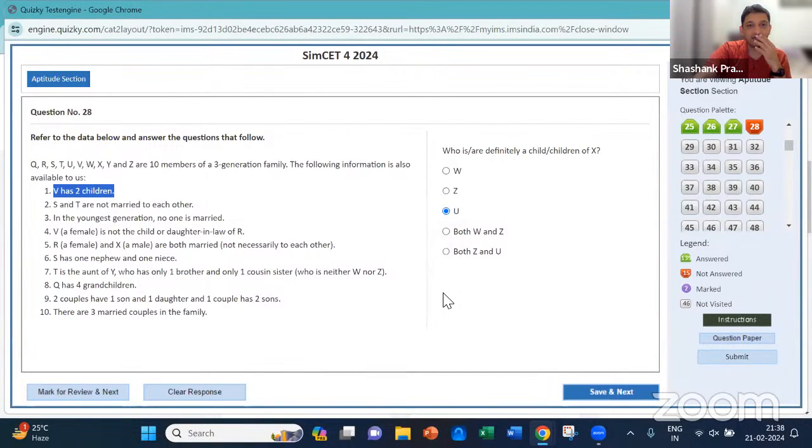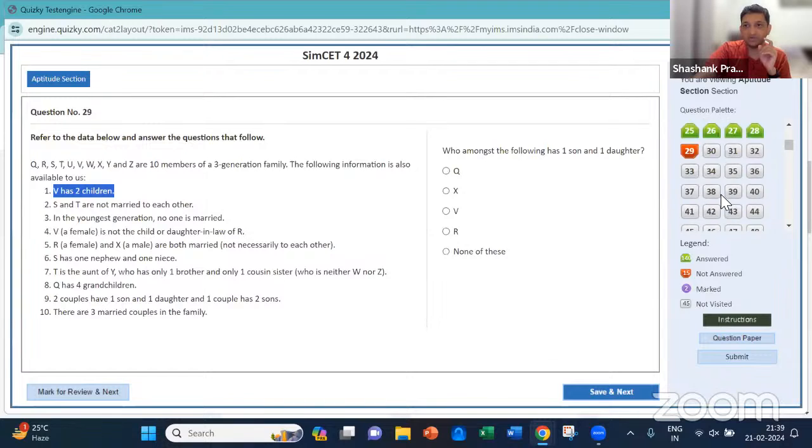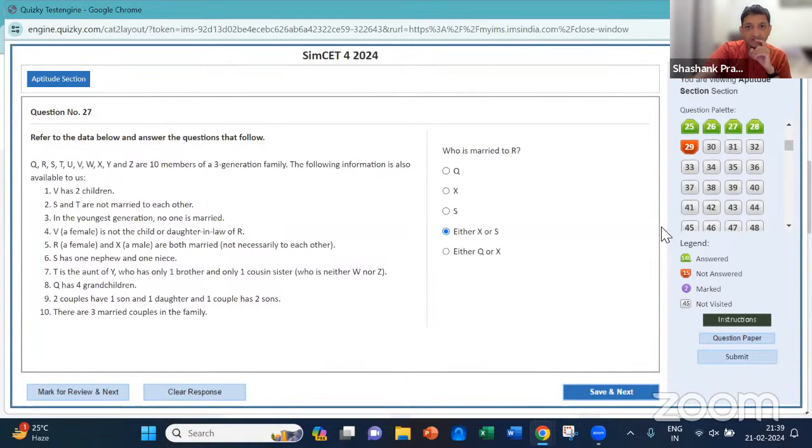T is the aunt of Y. So T is not. So X is married to T. If X is married to T, then it's a problem, right? Okay, let's see. If X is married to T, then S should be married to R. I'm just marking this.